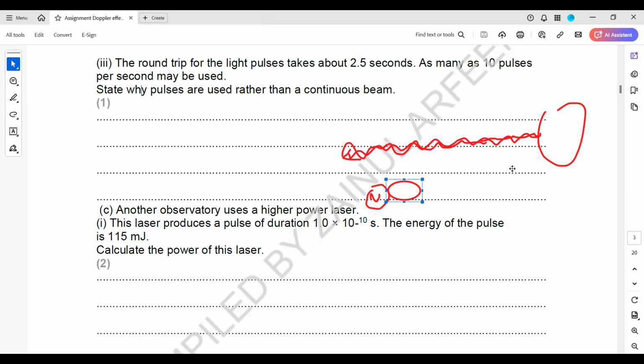So the structured answer: so that we can tell which received pulse matches with the sent one. One can be sent and received, and the two pulses will not mix with each other.